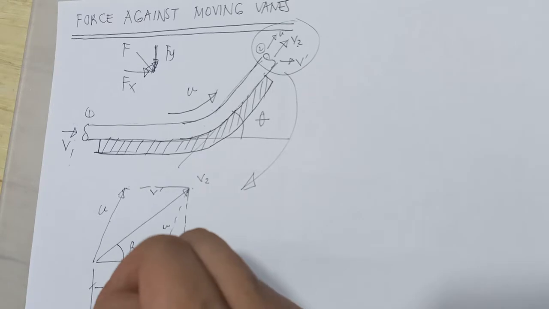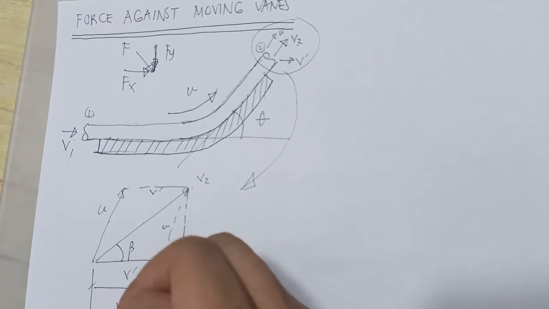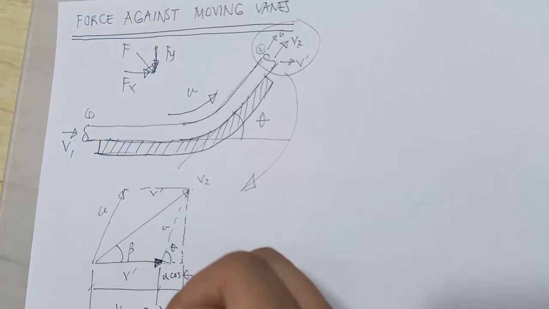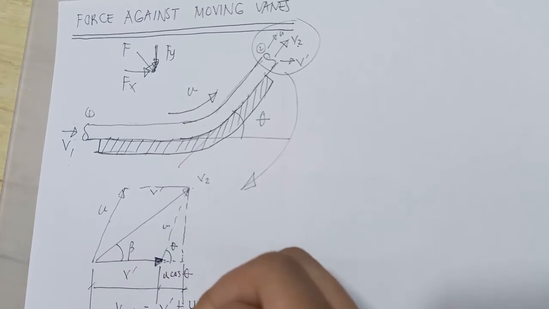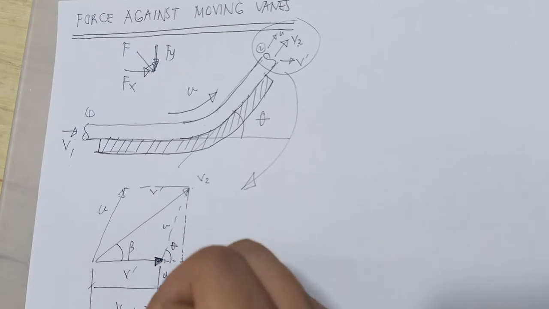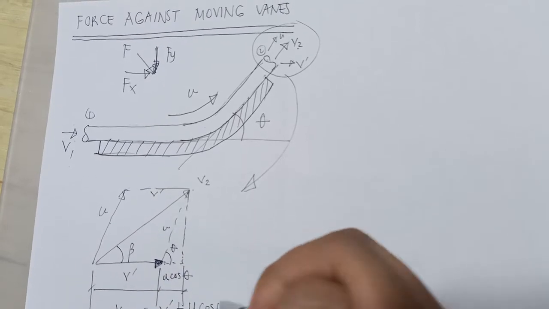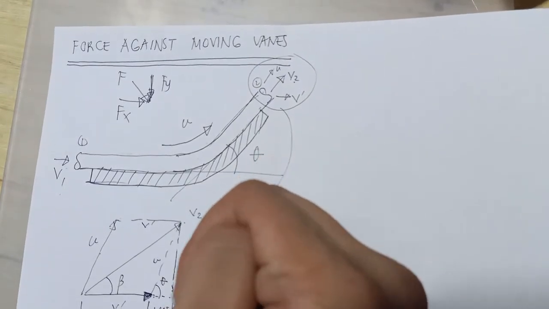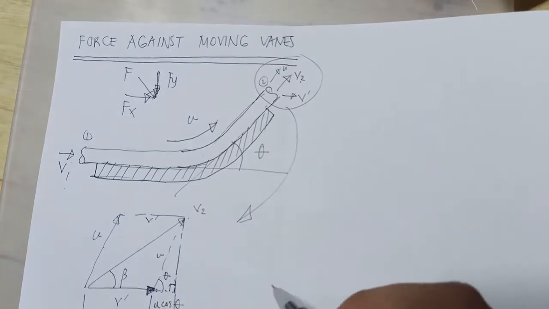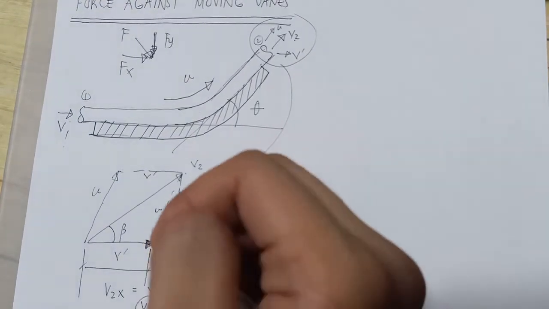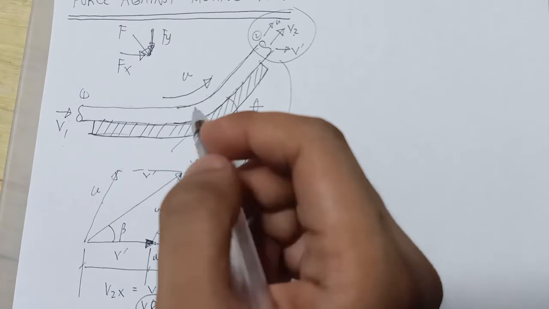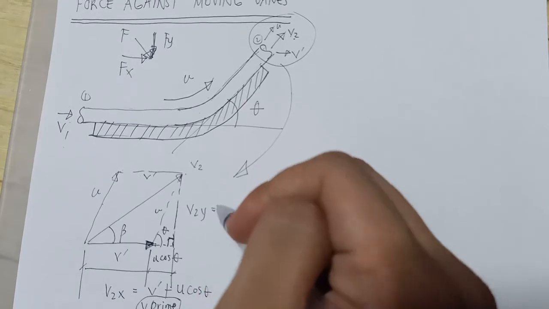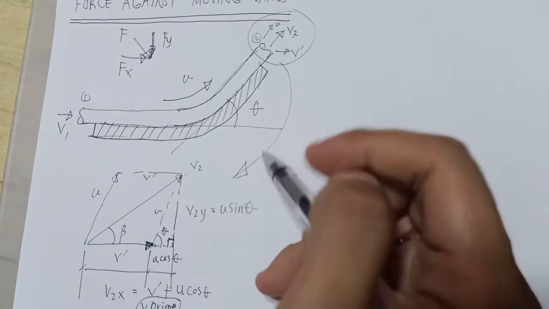So V sub 2x equals V prime plus U cosine theta. This one forms a point of perpendicularity, so V sub 2y is U sine theta.